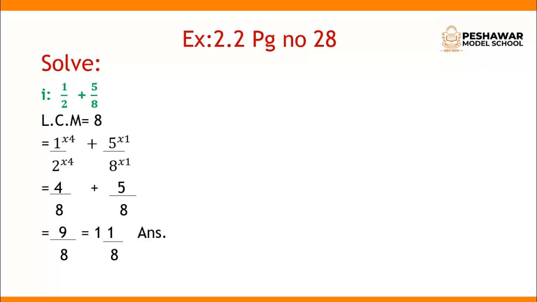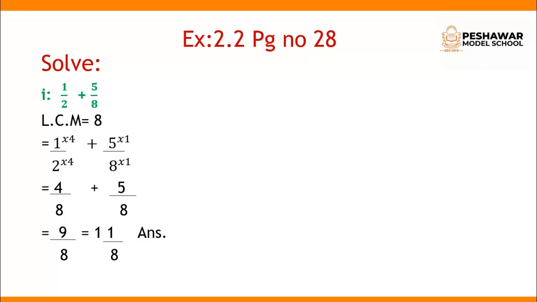So 1 multiplied by 4 and 2 multiplied by 4, plus again in the table of 8 you have to find where 8 lies: 8 ones are 8. Again you have to multiply by 1 with the same denominator and numerator. Then 5 multiplied by 1. So we make the denominators the same by making it 2 fours are 8 and 8 ones are 8.